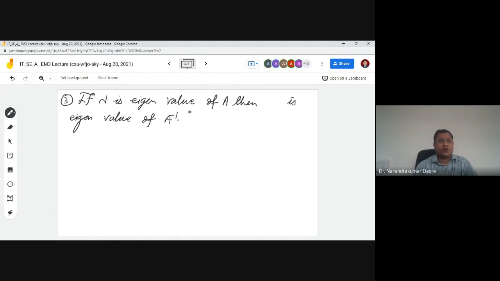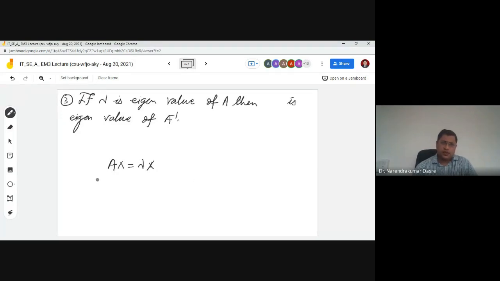If lambda is an eigenvalue of A, we need to find what will be the eigenvalue of A inverse. We know the eigenvalue satisfies the equation AX is equal to lambda x, where x is the eigenvector.